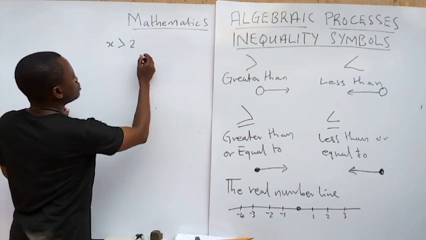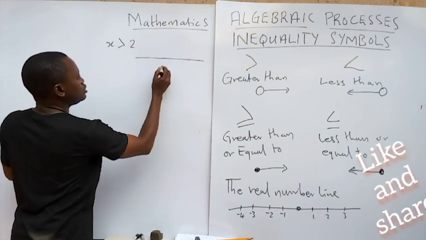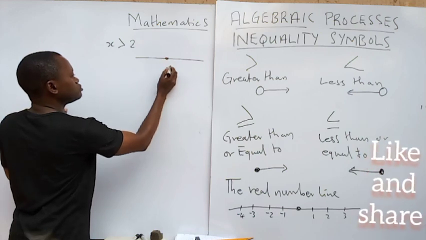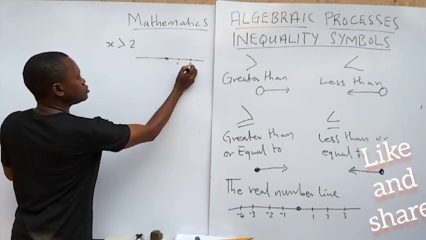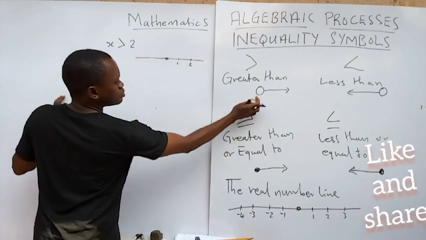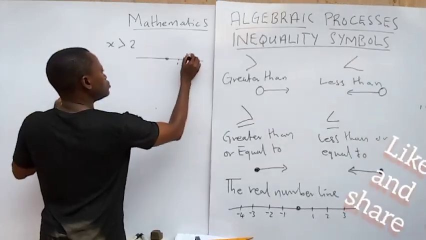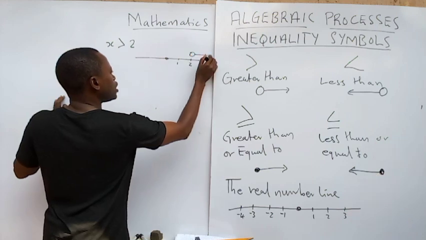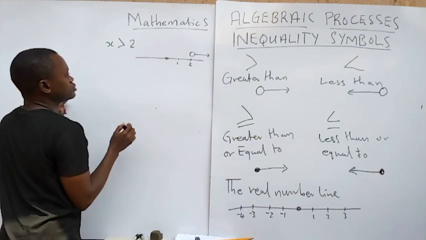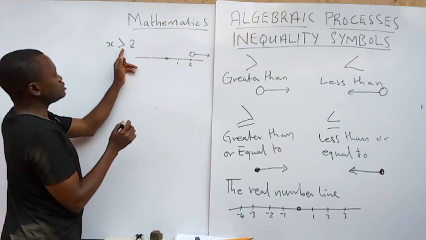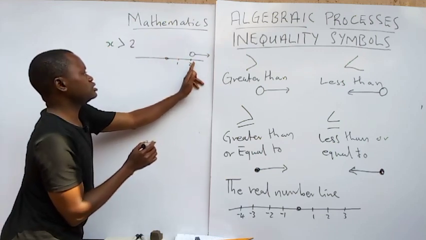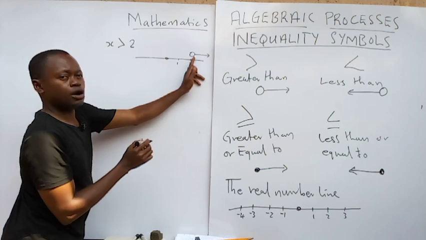And I can show that on the real number line as, if this is my origin, maybe here 1, maybe here 2, then I'll use this arrow to show the direction where the solution lies. So the value of x is greater than 2, meaning it is this. I will put it here.